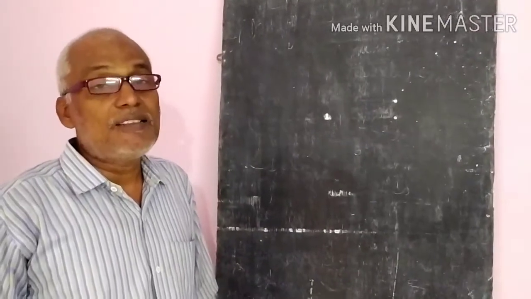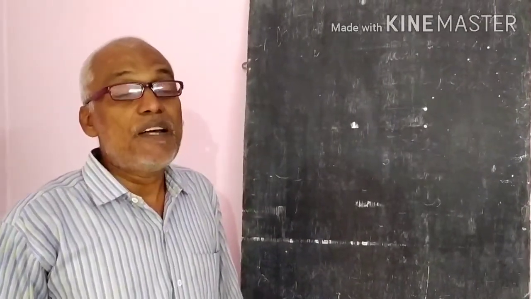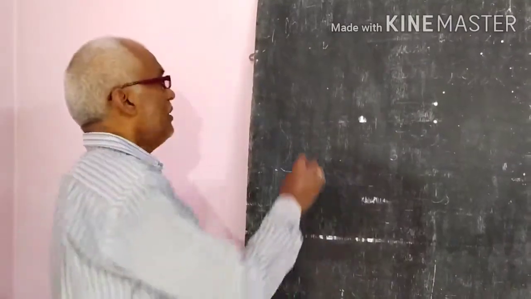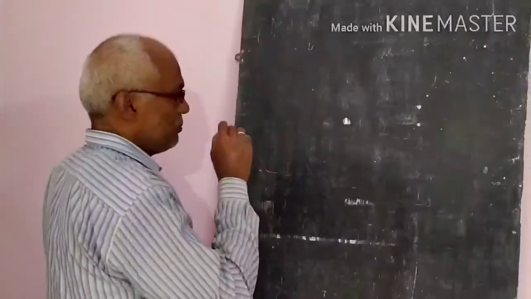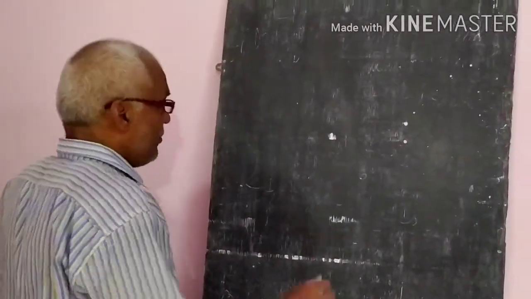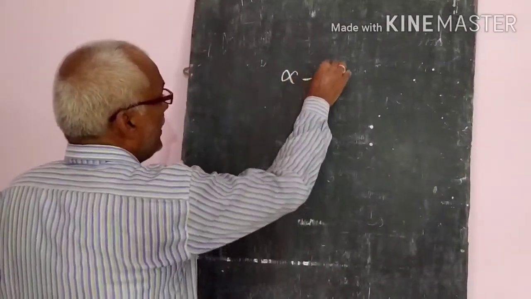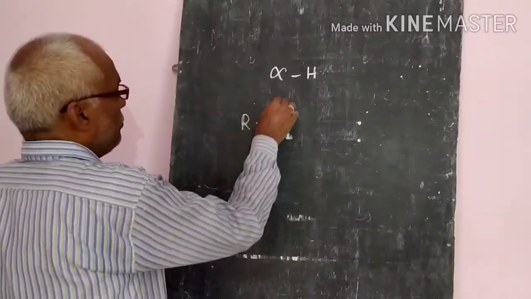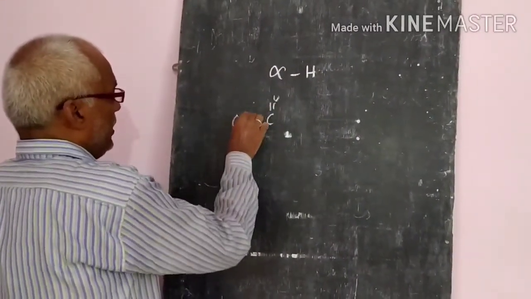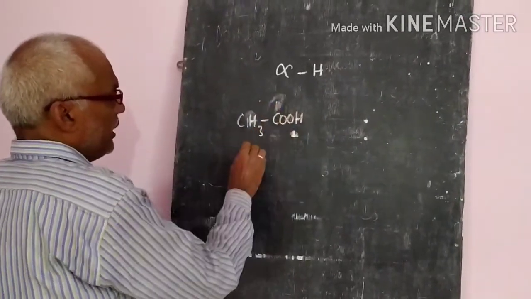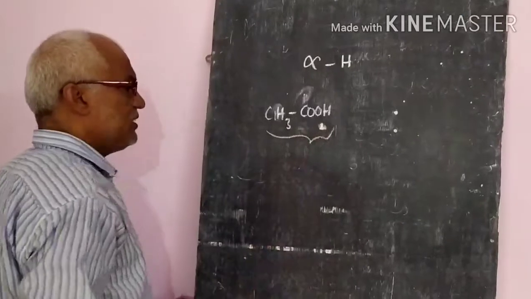But carboxylic acids will undergo a special type of reaction. Let us see what that special type of reaction is. Generally, carboxylic acids having alpha hydrogen, suppose you take RCOOH or CH3COOH, this is ethanoic acid or acetic acid.